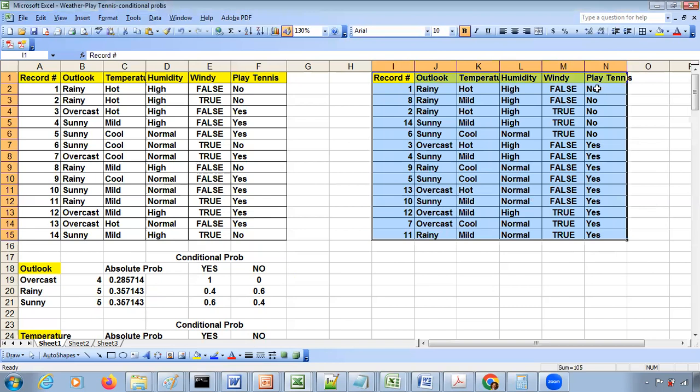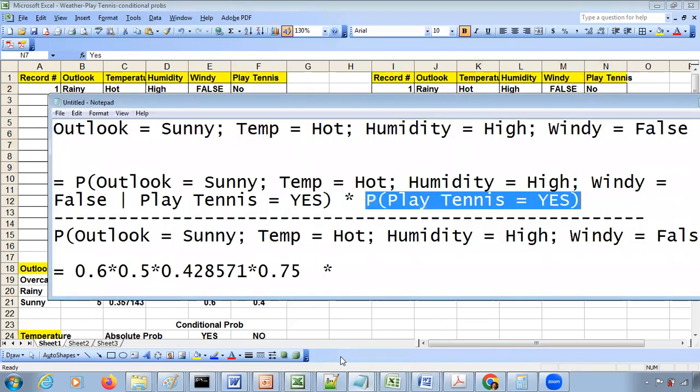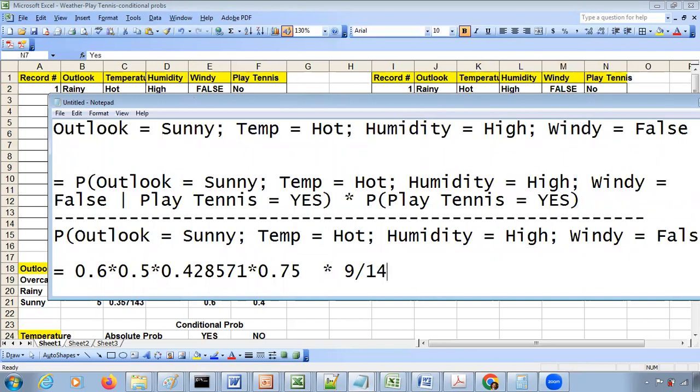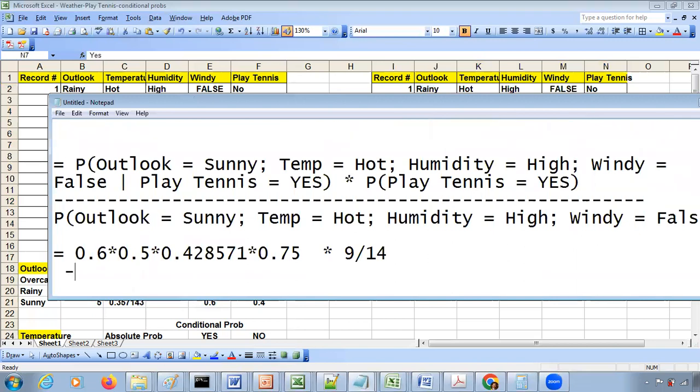So we have here 5 no's and the remaining 9 have to be yes. So we have 9 over 14 as the probability that play tennis equals yes. Out of the 14 records, 9 have yes. That's the unconditional probability to play tennis.